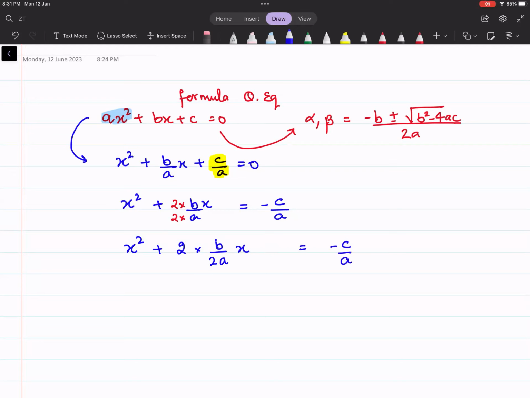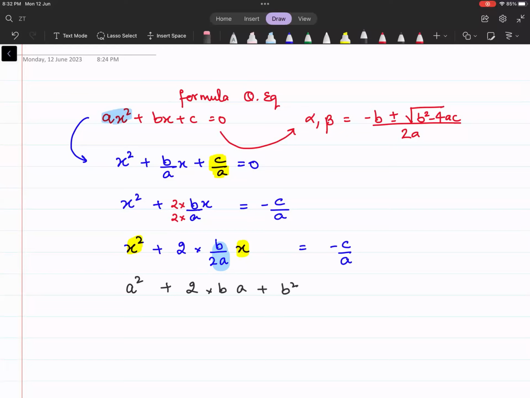Now here, this method is also called the completing the square method. You have got a square and you have got 2 times a into b, right? So if you compare with the square formula, this is a² + 2ab + b².